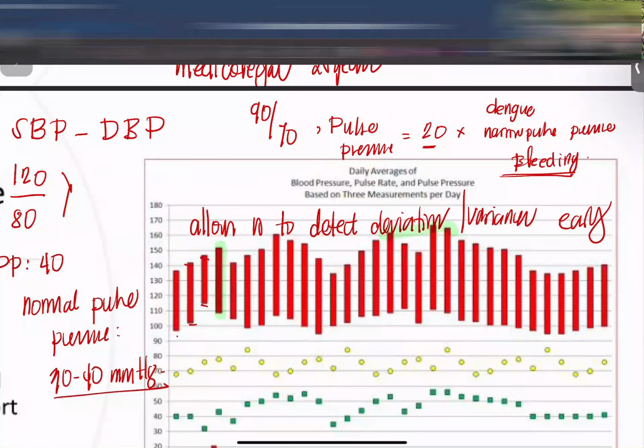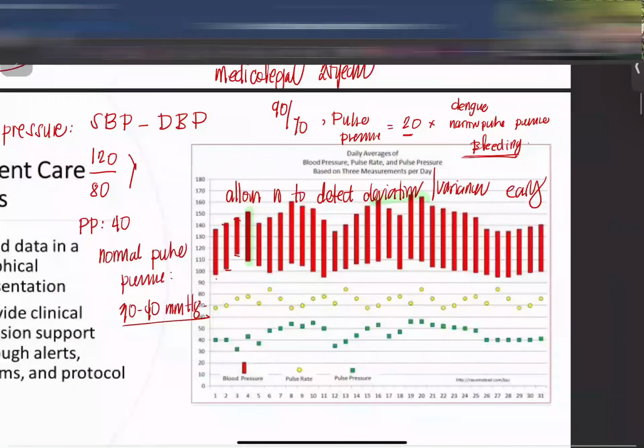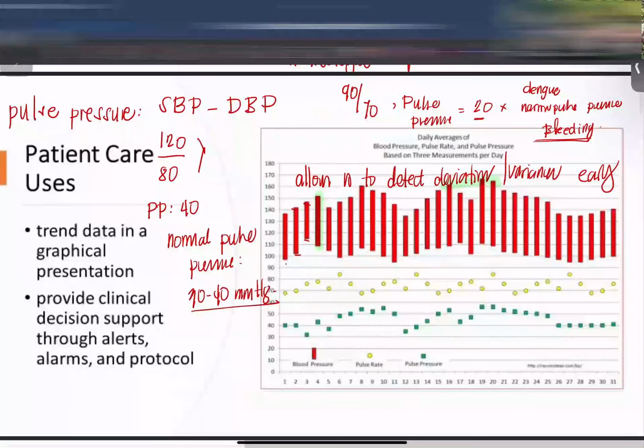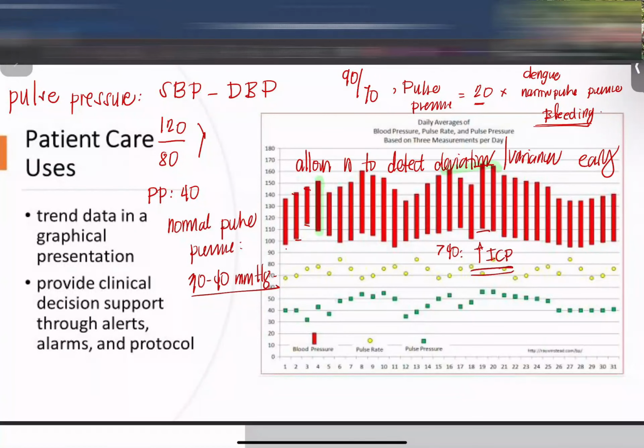Later on in MS, you will understand that a widened pulse pressure, for example greater than 40, might signal that there is an increase in intracranial pressure. As you learn more diseases, you will understand that there are more implications to that. Those are not the only implications. Those are just the examples I am giving for now.